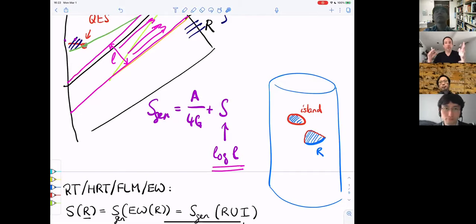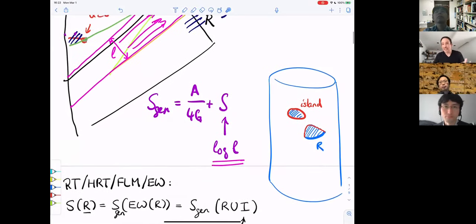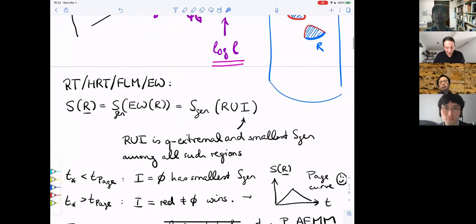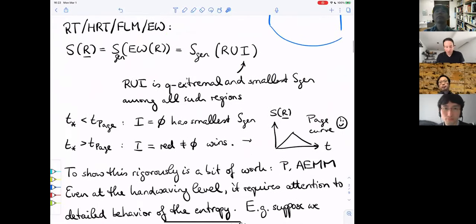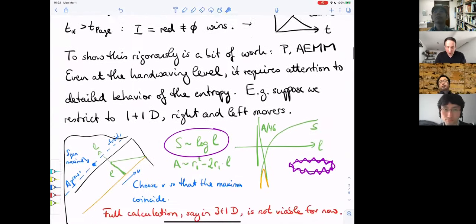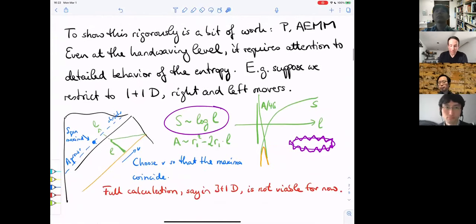Well, maybe it's also hard to even have this idea that there's a candidate, and perhaps that's why it took so long to understand this. But you really have to show that you can find an actual island that gives you a stationary region, and to show this rigorously is pretty hard.